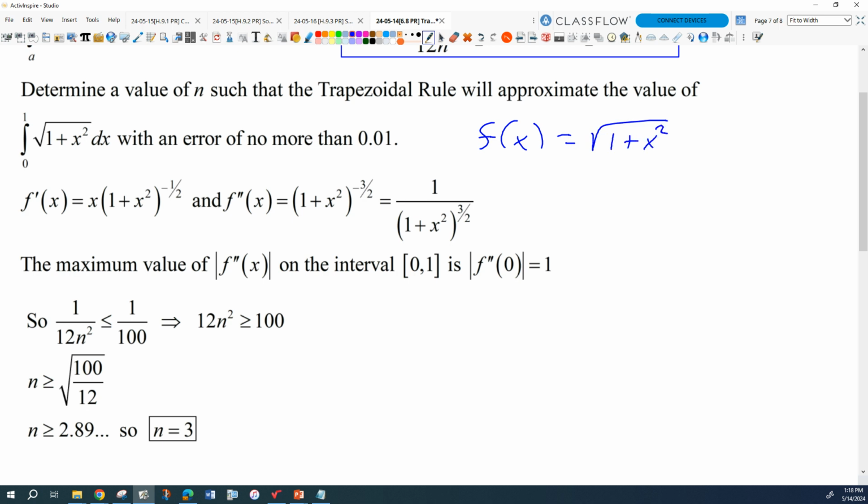So we need to calculate a second derivative. The first derivative would just be 1/2 times (1 plus x squared) to the negative 1/2 times 2x, right? By the chain rule. Agreed? Calculating the second derivative is going to be more complicated because now I've got a quotient rule, don't I? Or a product rule, one way or the other.